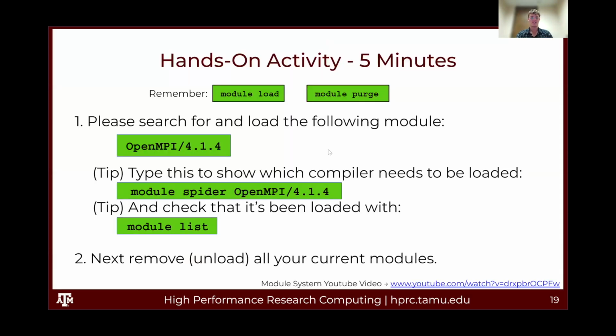So, hands-on activity. I'll give you all 1 minute to try to figure it out. You're going to want to use module load, and then you'll load a specific version of the software. So I would say module load OpenMPI/4.1.4 if I wanted to load that.